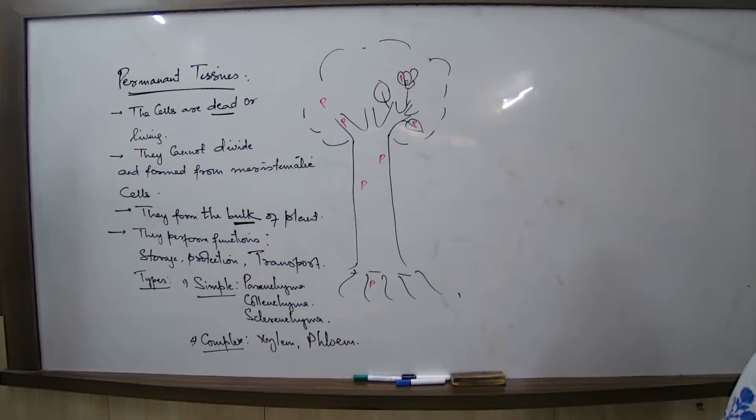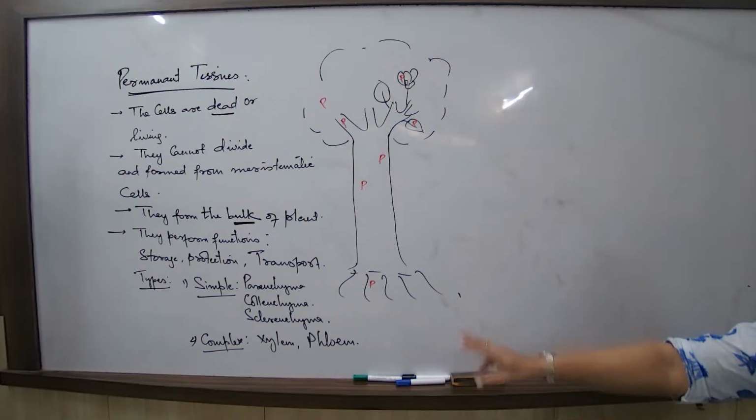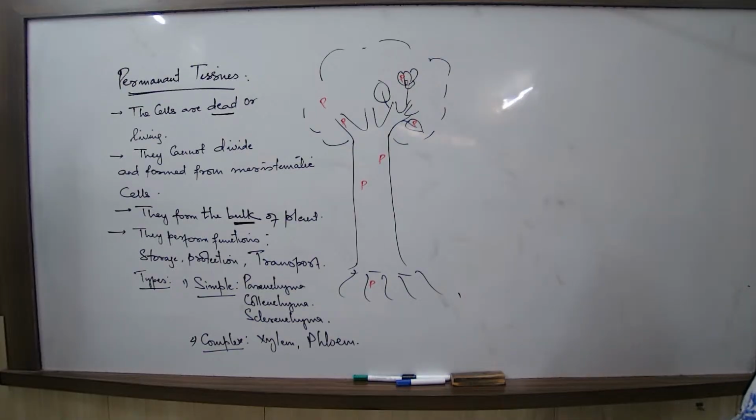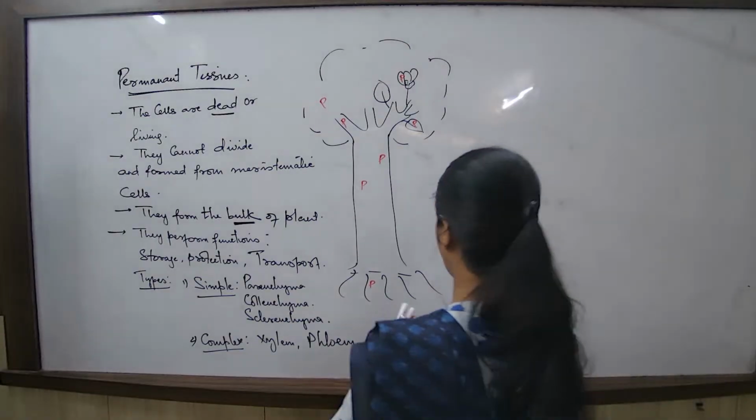Complex permanent means the cells are not of the same type, but of two, three different types. So if the cells are of the same type, it is simple permanent: parenchyma, collenchyma, sclerenchyma. And the types of cells are two, three, four, many, in complex permanent. Examples are xylem and phloem.